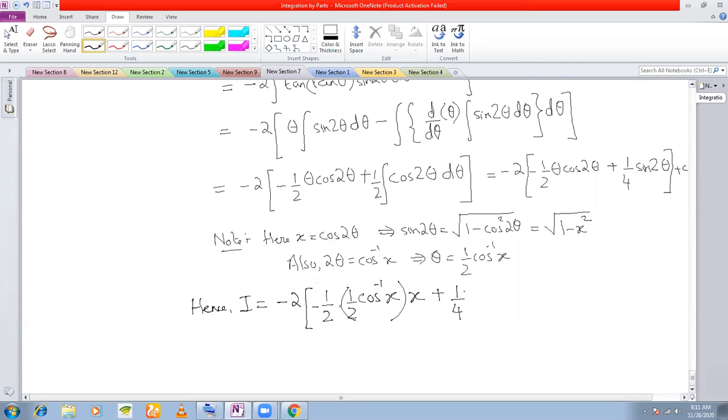Sin 2 theta is root 1 minus x square plus constant of integration. Now you can multiply your 2 throughout. So minus minus becomes plus, and it becomes half x cos inverse x, right? Plus 1/4 root 1 minus x square plus a constant.